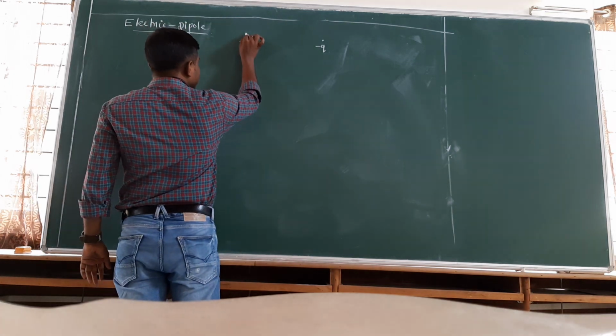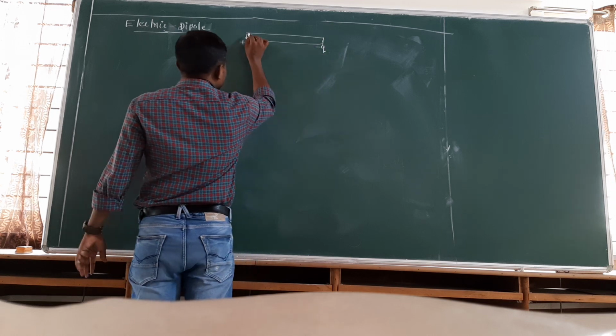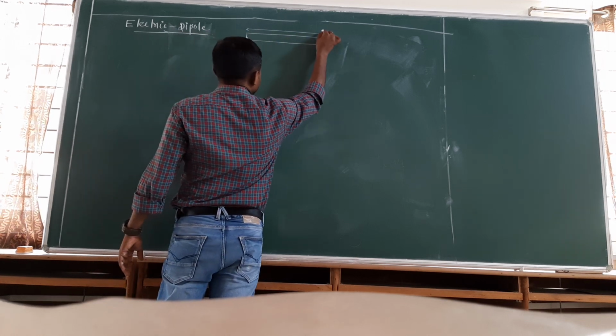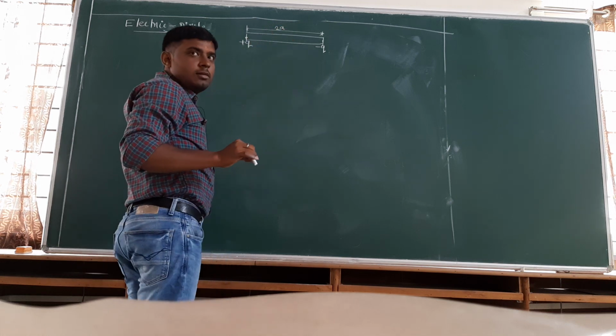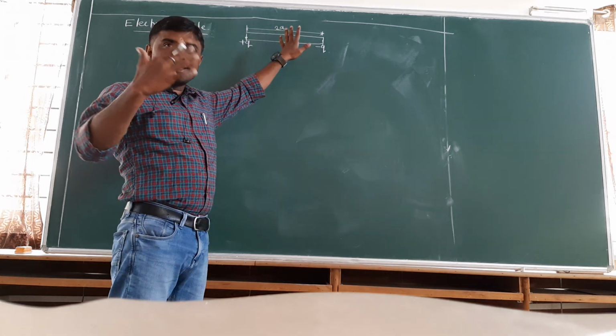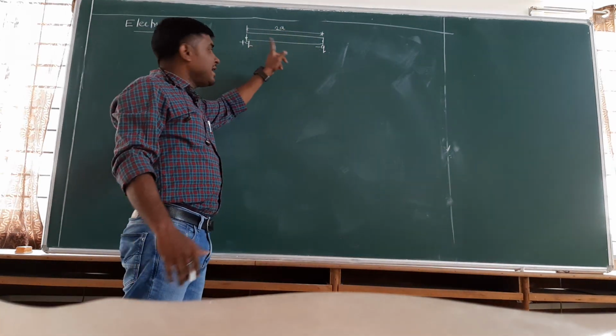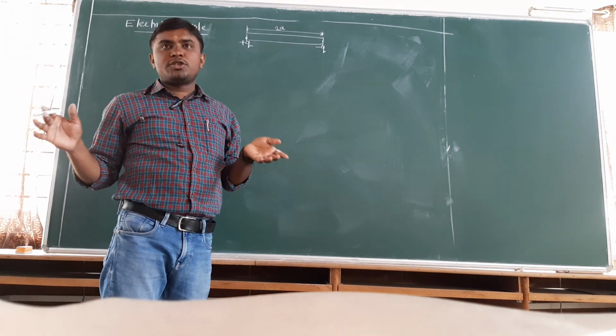Let's say these two charges are separated by a certain distance, and the distance of separation between these two charges is 2a. This 2a is the distance of separation between plus Q and minus Q. This will remain fixed. Once you decide your dipole, this distance you are not going to change, guys.